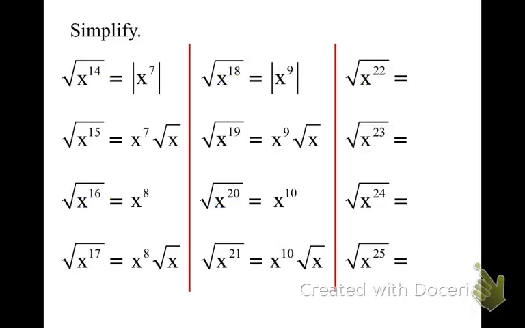Okay, next one. Shayna, go. X to the 22, rad x. Okay, and what does that simplify to? That should be x to the 11th. Keep going.